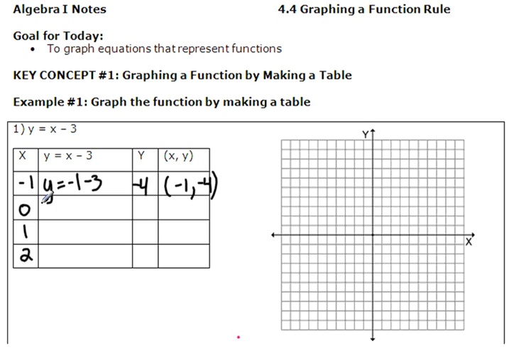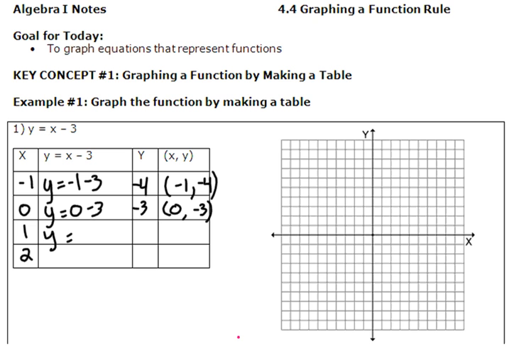So I would do the same thing with the next x value that I picked. I do y equals 0 minus 3. Well, 0 minus 3 is -3. So my ordered pair is 0, -3. So again, I do it for 1.